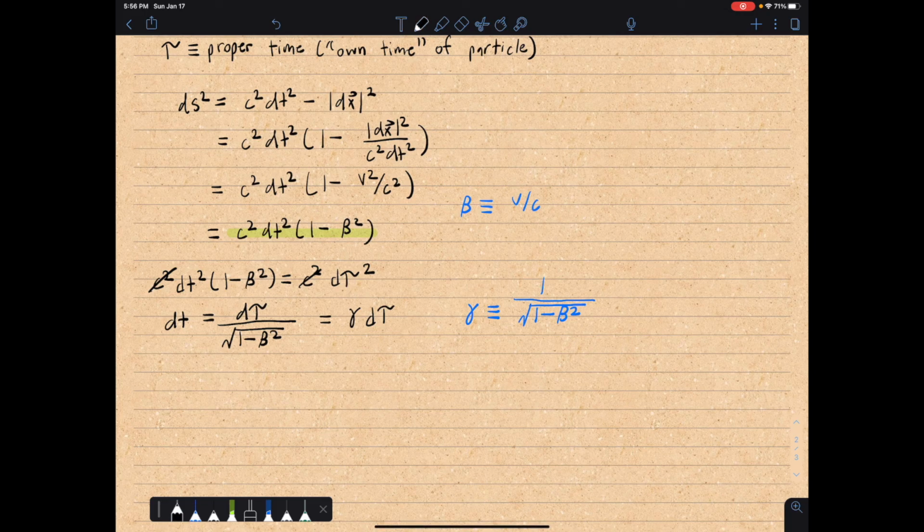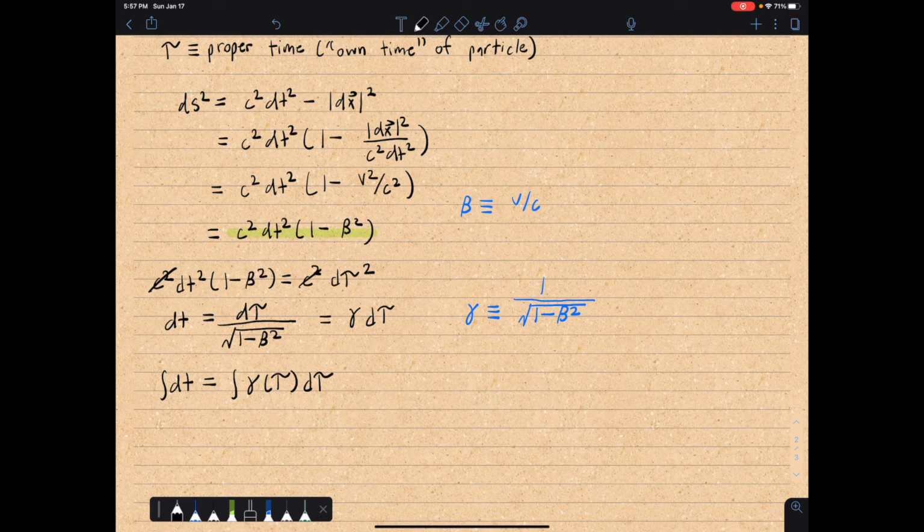So next, I'll integrate this equation on both sides. And here I'm explicitly showing that the gamma can depend on the proper time, so the velocity of our particle does not need to be constant.